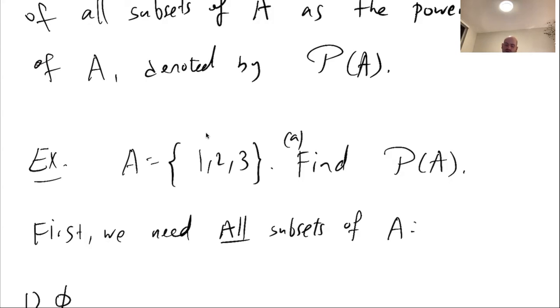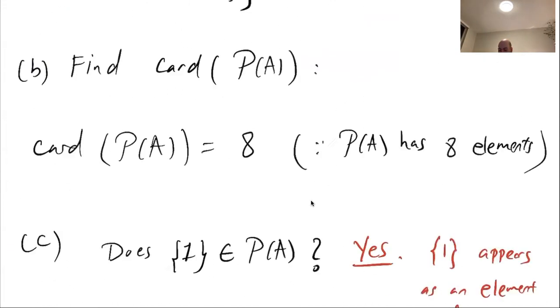But in more advanced mathematics, we have some types of functions called functionals, whose inputs are functions themselves, not numbers. So this is a similar idea. It's a set whose elements are not numbers, but are sets themselves.